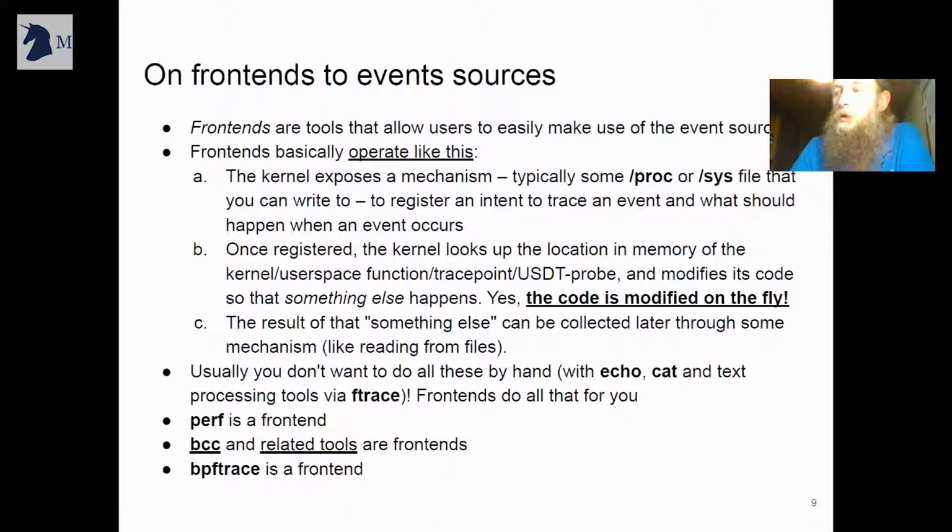Then when eBPF was added to the kernel, a lightweight virtual machine was added that could execute some aggregation code inside the kernel, inside the probe, not in the userland. To access this virtual machine, a set of compilers were created and a collection of tools called BCC, the BPF compiler collection, and programs based on them were added.